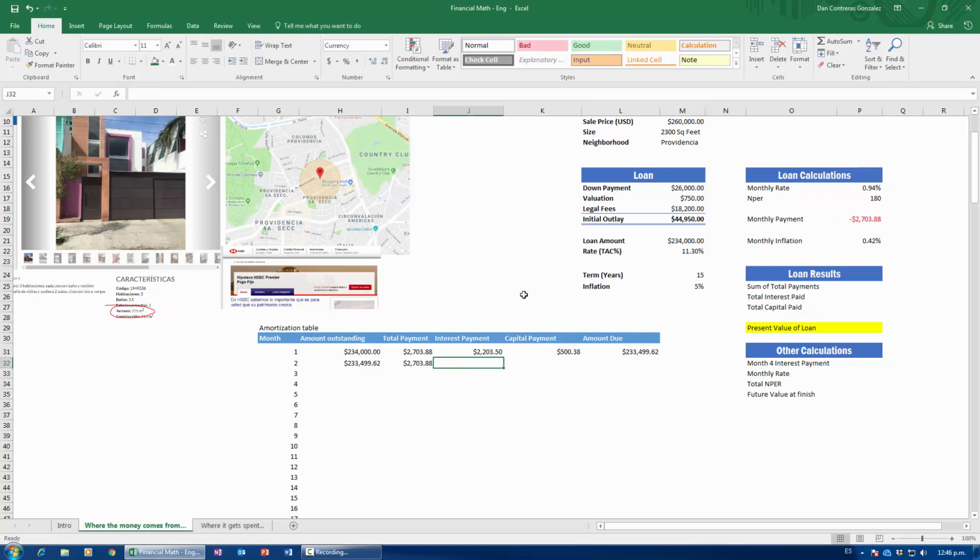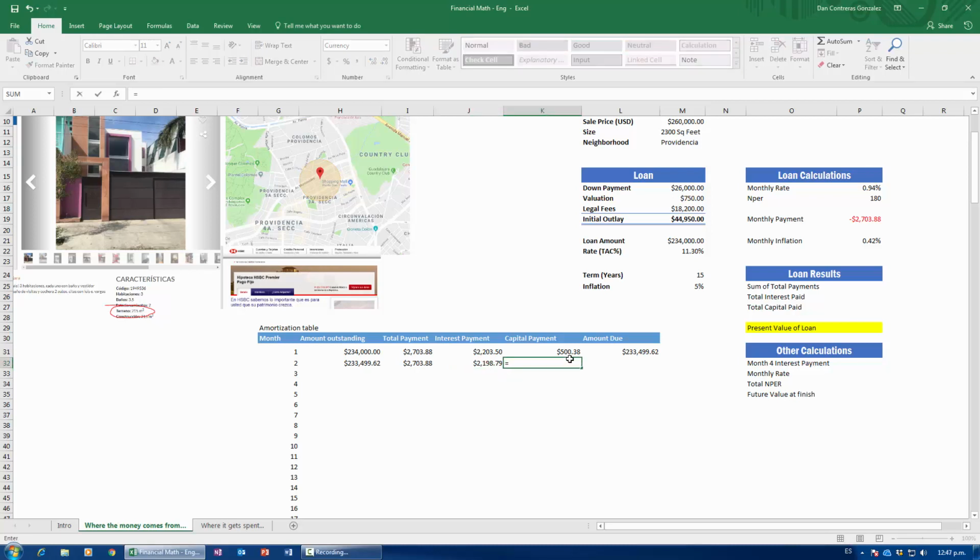All right, so as usual, the interest payment is going to be the amount outstanding times the monthly rate. Since the monthly rate is always going to be placed here in P16, I also have to apply F4 to that. So interest payment, notice how it went a little bit down. Now it's $5 less, and that means our capital payment is going to be $5 more.